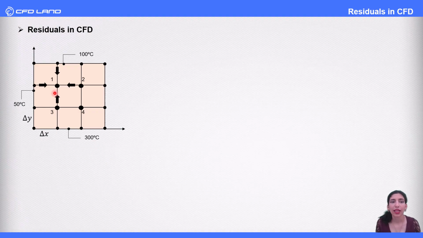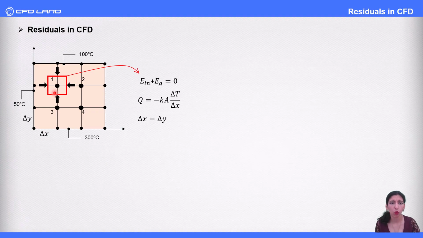Now, let's write the energy conservation equation for cell number 1. The summation of energy inlet plus generated energy equals 0. Now, we want to assume that there is no generation of heat, so it's 0.